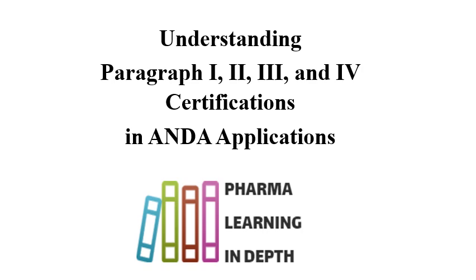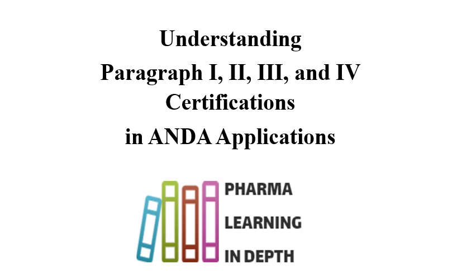Now we will start with the video, and I request you to stay till the end so that you will have a clear understanding about the paragraph certification, and you will not forget the details of para 1, 2, 3 and 4.